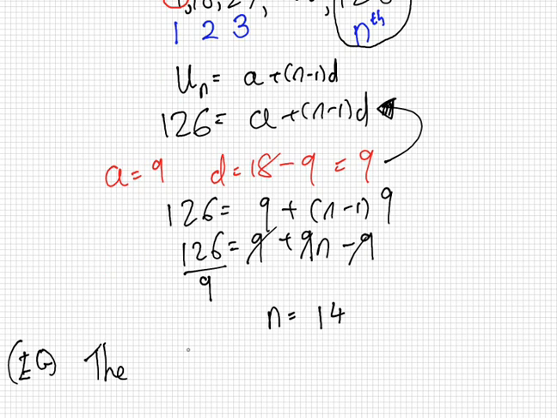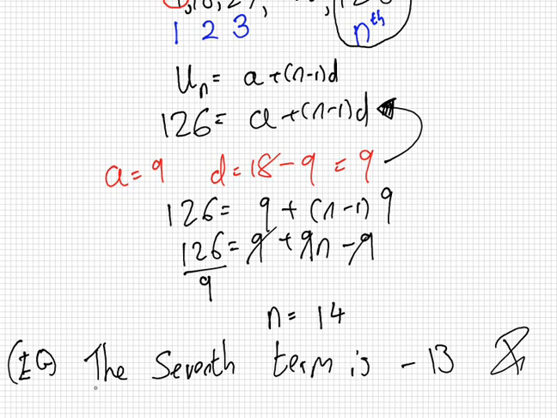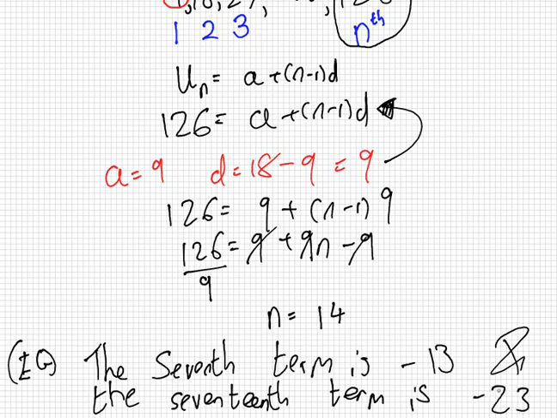The 7th term is minus 13. And the 17th term is minus 23.